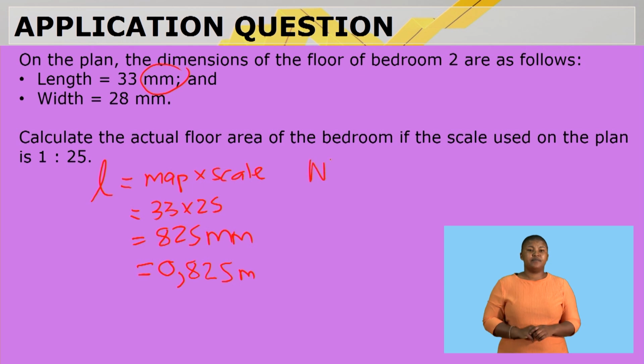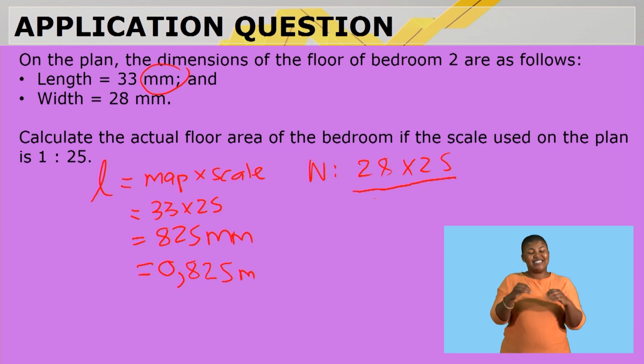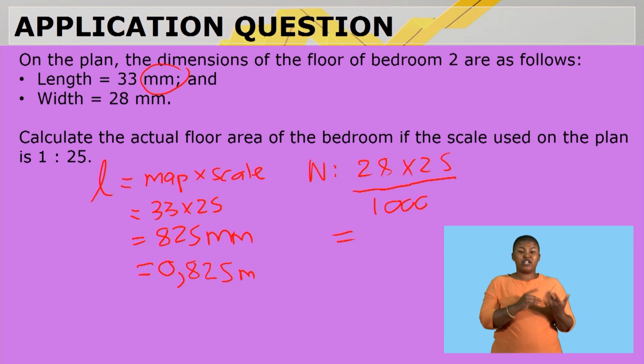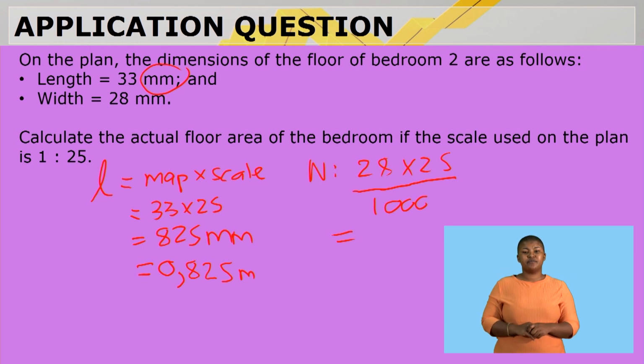And then the width is going to be 28 times 25. And let's show you the other way of converting: divided by the conversion of 1,000. So on your calculators, 28 times 25 is 700 divided by the scale, and that is 0,7 meters.